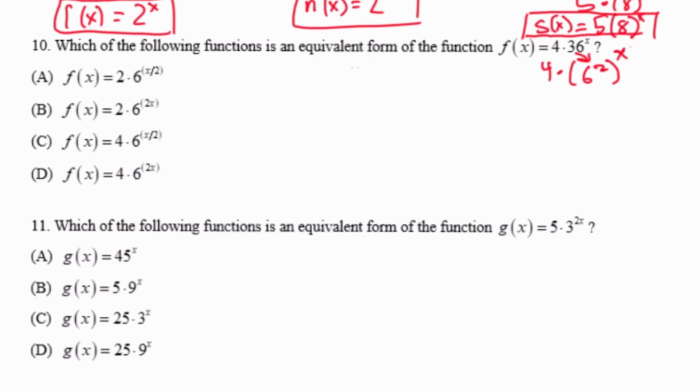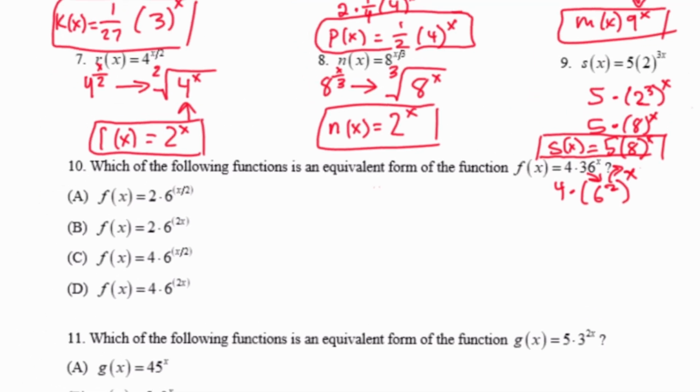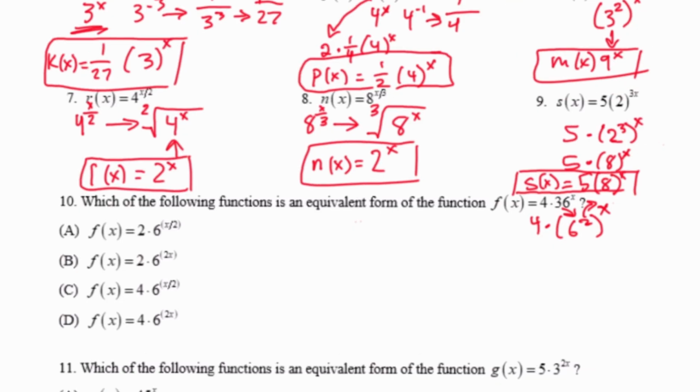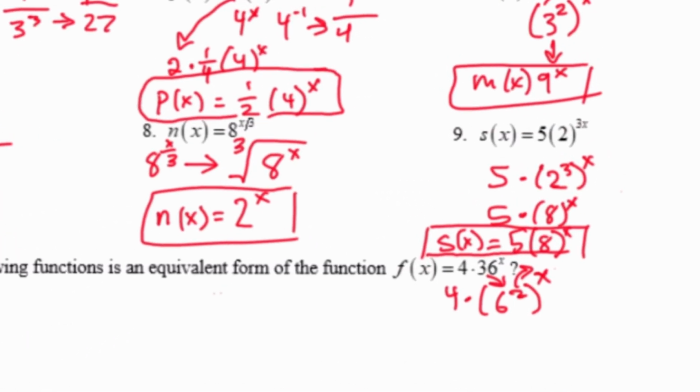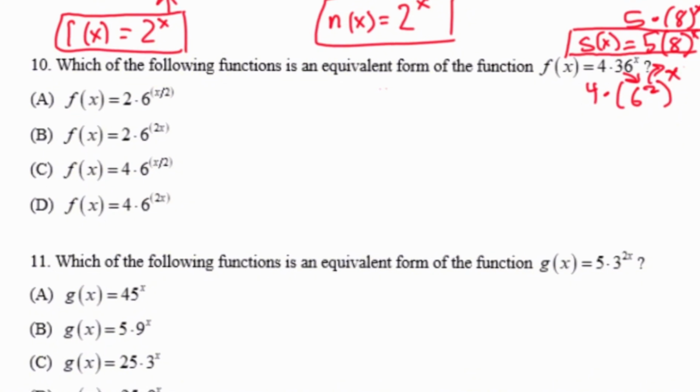And then we see here we can change this by bringing that 2 on the outside, because remember when we did, for example, number 6, 2x changed into this. So to simplify that, we would bring the 2 out. So 2x, and that would be our answer.